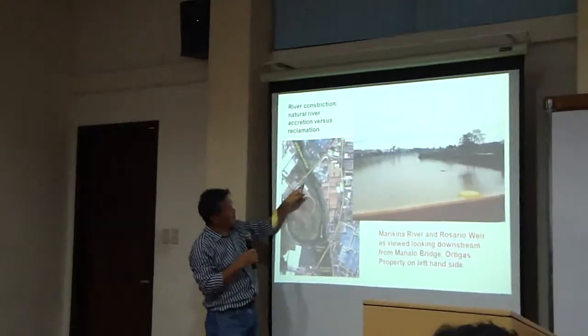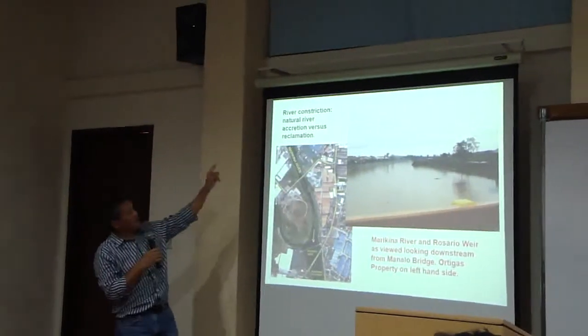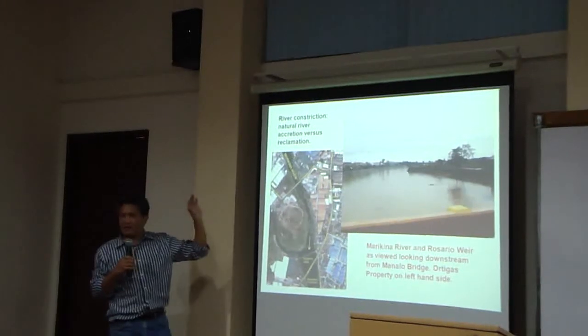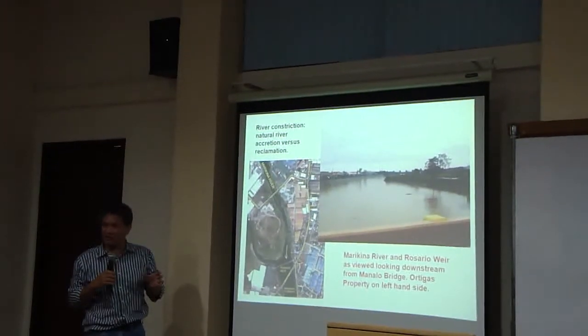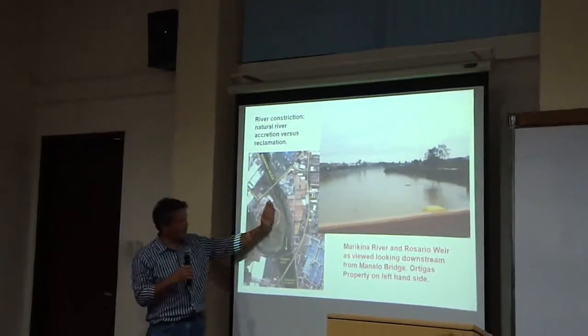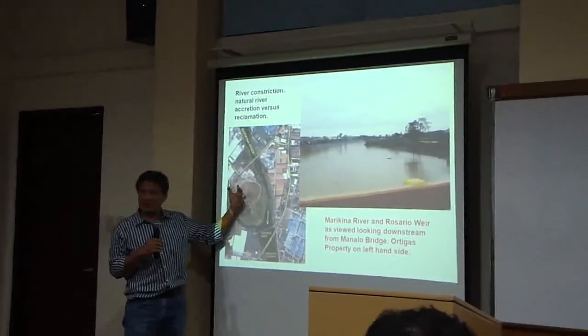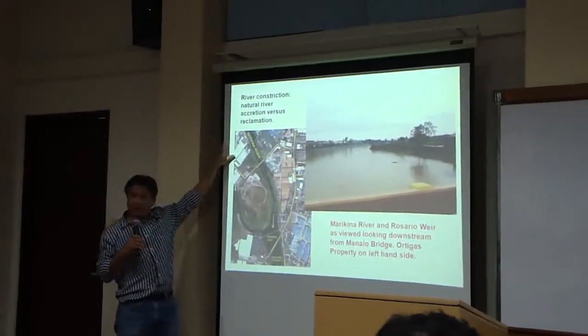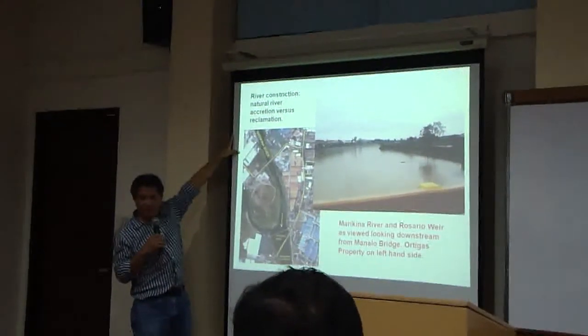We are saying that it's not quite natural river accretion, but rather a reclamation. Why? Because they will expand their property and they are planning to put up a condominium and shopping center, somewhere near Libis.